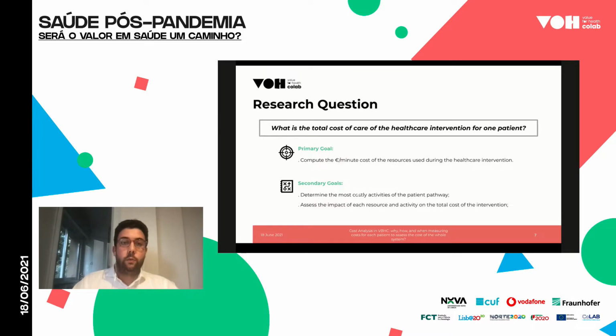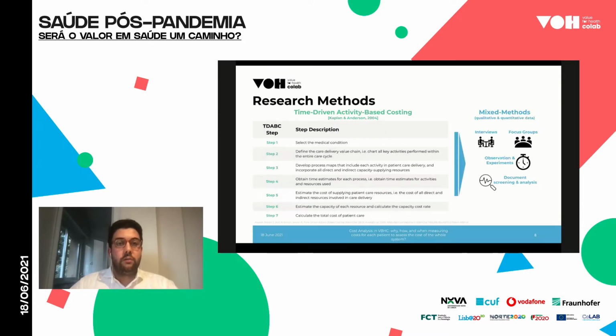To do so, we rely on the time-driven activity-based costing methodology, which is considered a bottom-up approach, proposed by Kaplan and Anderson. We base our implementation on the 7-step framework that they defined, and we rely on a mixed method approach to collect and analyze the available data.